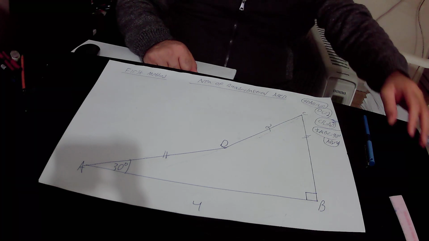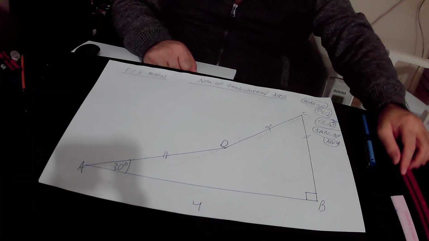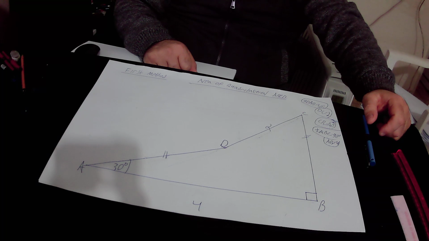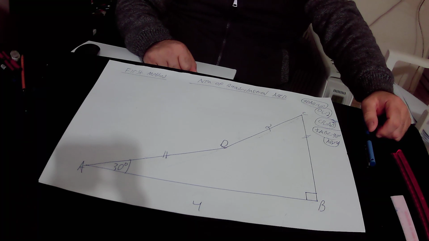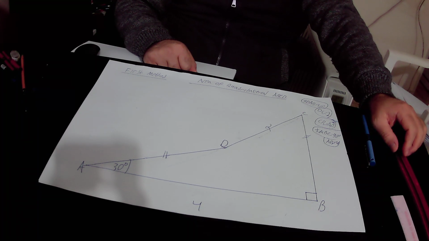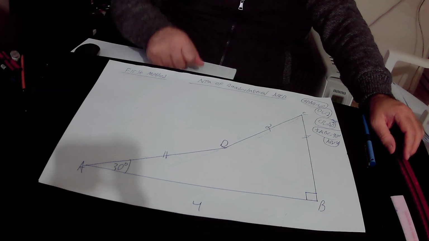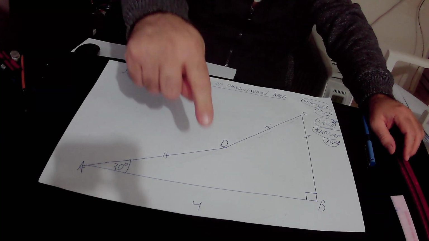So we will start with the first method. In the first method, we will do a construction. We will draw a perpendicular from point D to AB.